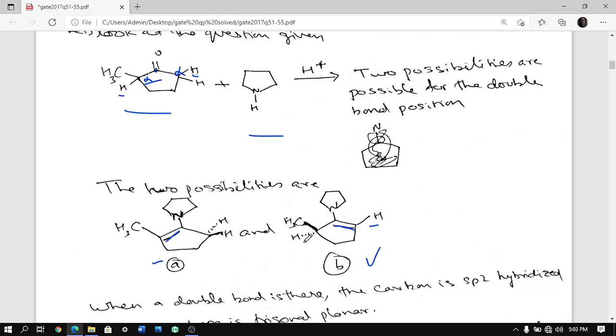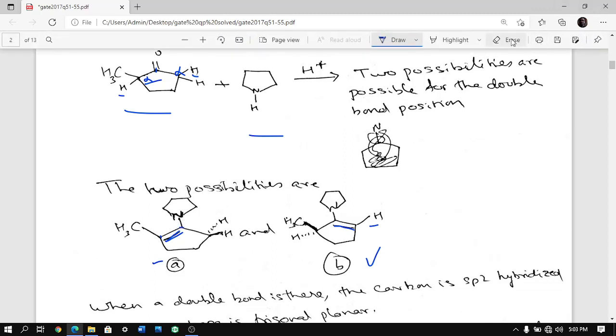Now stability will depend. We have not to go by, because it is an alkene, that the more substituted alkene is more stable. No, not that. What we have to look at here is the steric hindrance. If you look here, this carbon and this carbon both are sp2 hybridized. That means the shape will be trigonal planar at both these carbons, right? So that means this is in plane on the board, this is also on the board, this is also on the board, right? Here also this is on the board, this is on the board, and this is on the board, right?